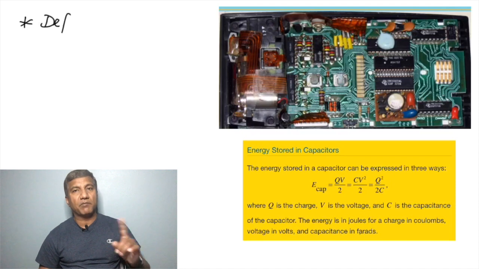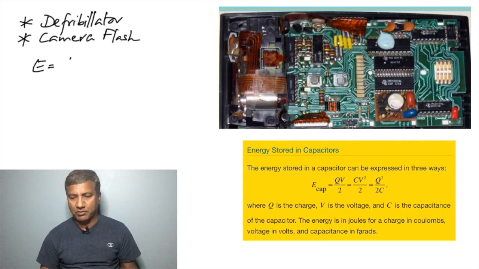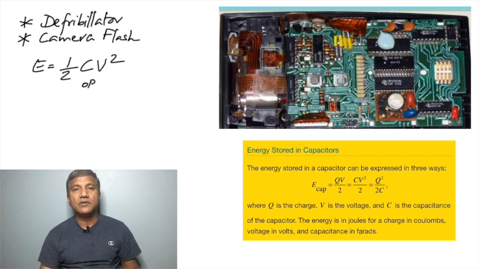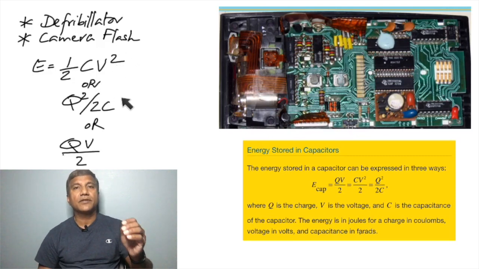But before that, remember that capacitors store energy that can be utilized in defibrillators, and as already explained, camera flashes. But the formula for energy stored by a capacitor can either be 1/2 times CV squared, or Q squared by 2C, or QV by 2. So these are the three formulas used to find or calculate the energy stored by capacitors.